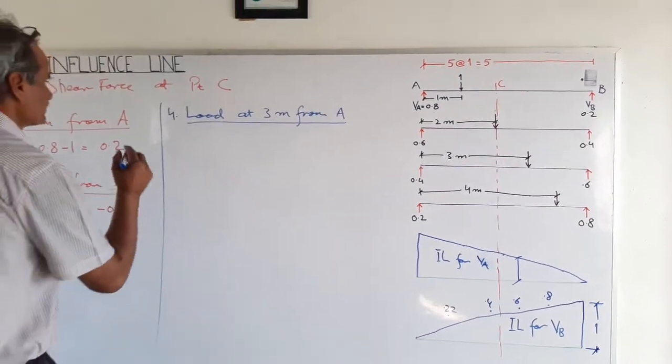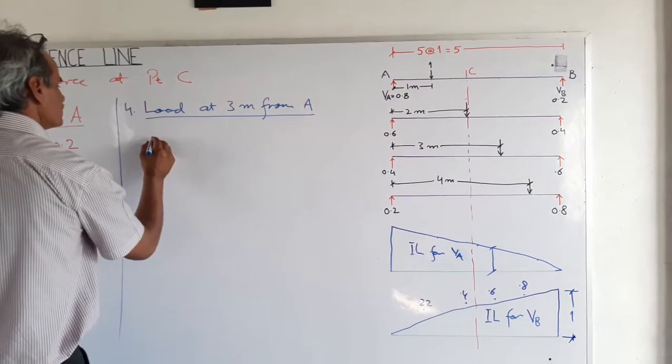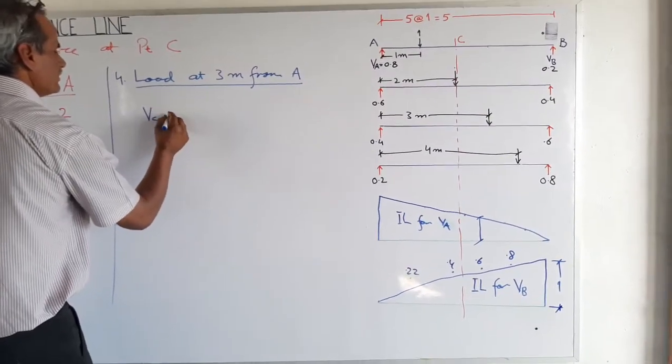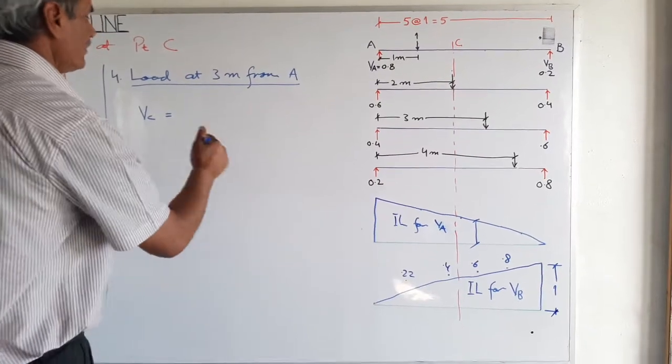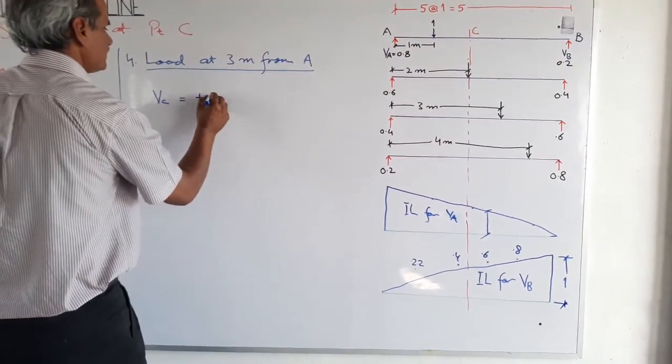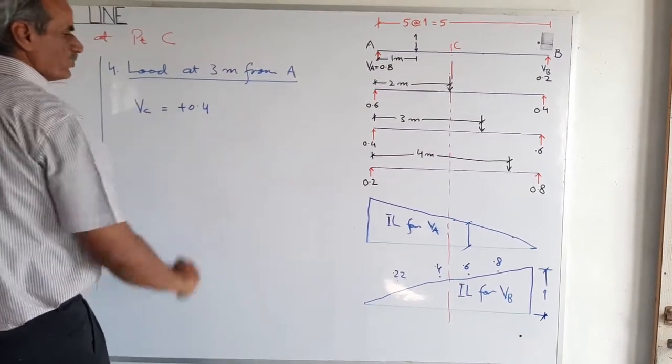So VC, that is shear at C, is equal to 0 plus 0.4.